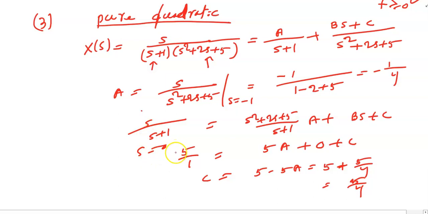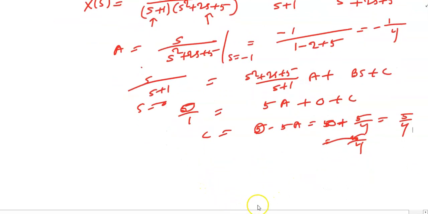From here I had considered it as 5, but in fact it is 0. So C equals 0 minus 5A, that is 0 plus 5 by 4, so 5 by 4.